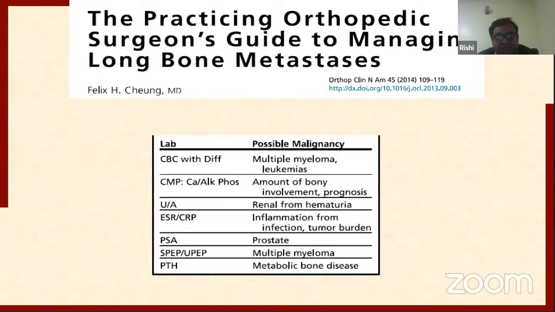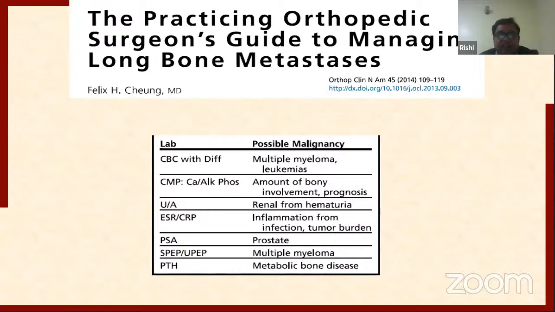You'll find anemia, high ESR. Calcium, phosphate, alkaline phosphatase you have to do to look for the amount of bony involvement. Urine analysis you can do to rule out hematuria. ESR, CRP sometimes we need to do because bony infections mimic bone tumors.